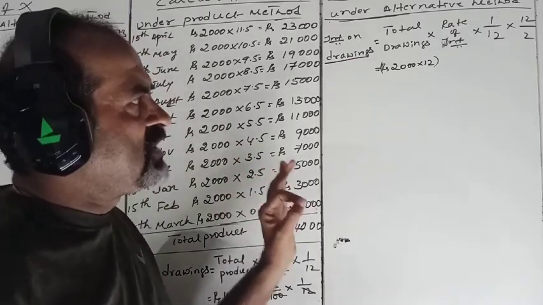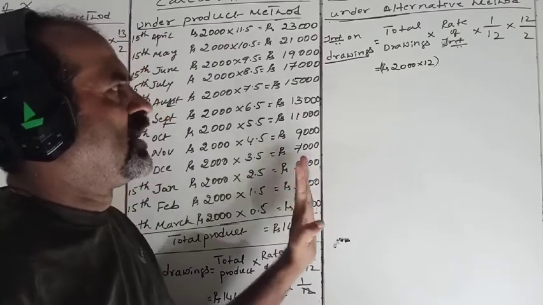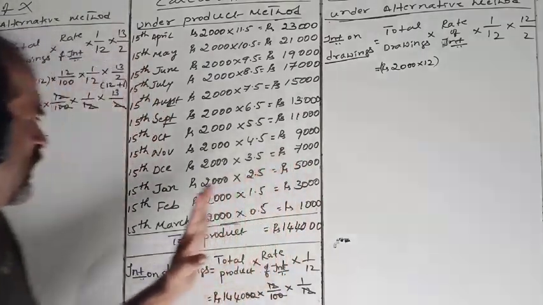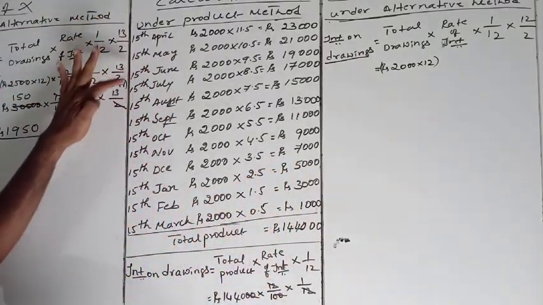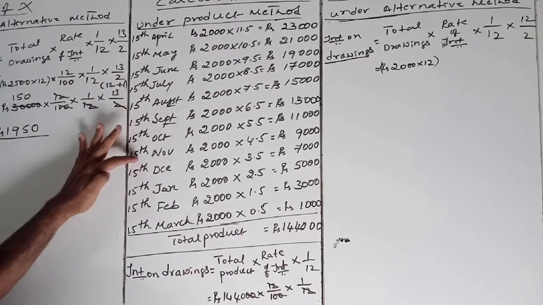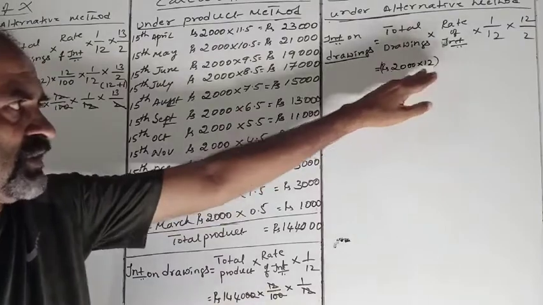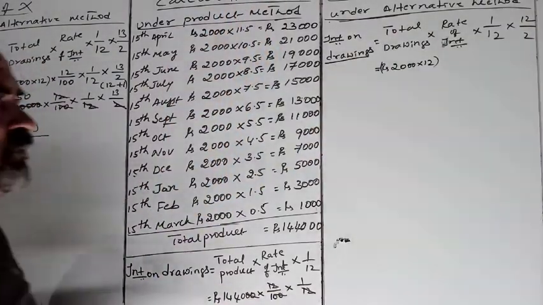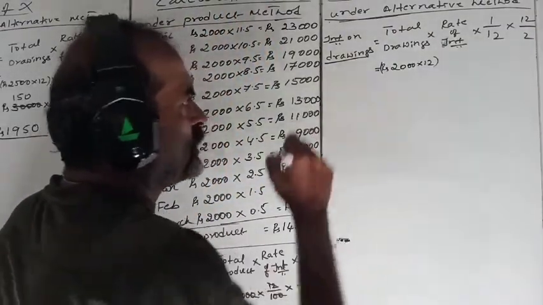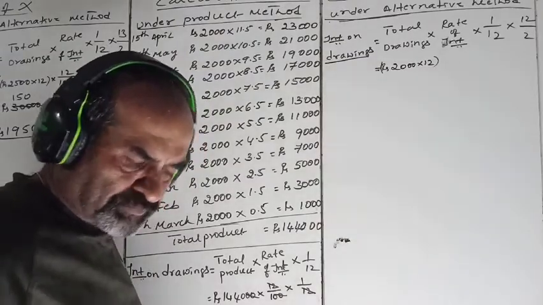How many months did they withdraw? 12 months. You count the months: 1 2 3 4 5 6 7 8 9 10 11 12 months. For the 12 months the partner withdrew rupees 2,000, the drawings come to rupees 24,000.